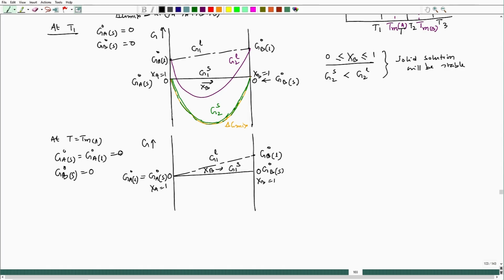Now, if I draw the free energy line, this will be my G2 liquid, and this is G2 solid.